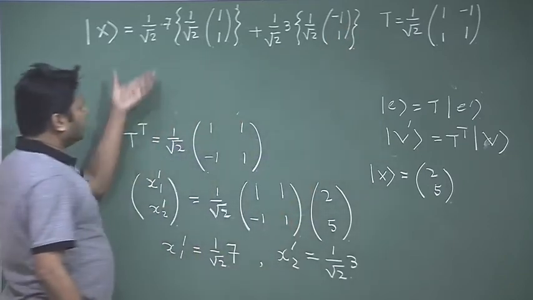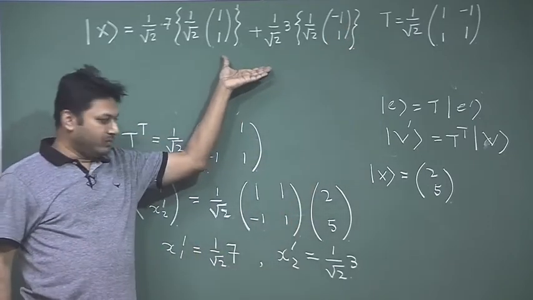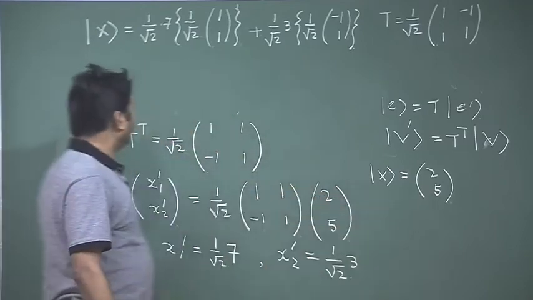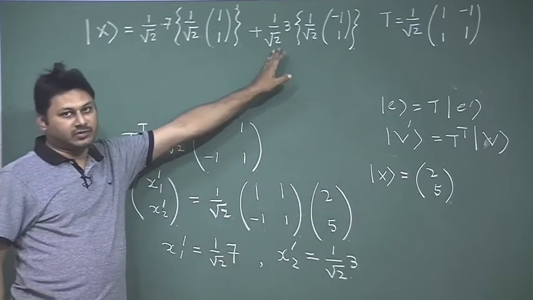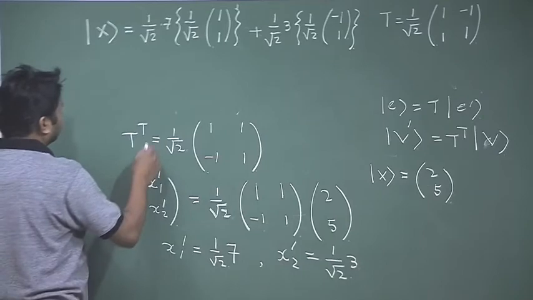Now if I calculate that, then I will return back my old vector 2 5 if these things are correct. So let us check also whether this is correct or not.